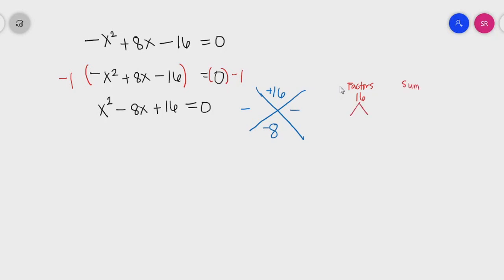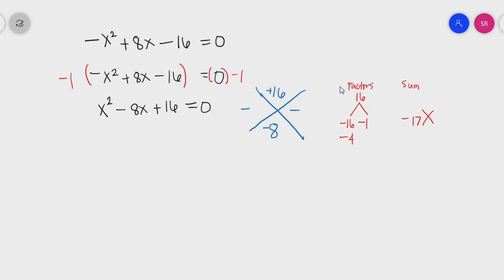Okay, so yung factors ng positive 16 is pwedeng negative 16 and negative 1. Okay, now if we're going to add negative 16 plus negative 1, the sum would be negative 17, which is not the same with negative 8.